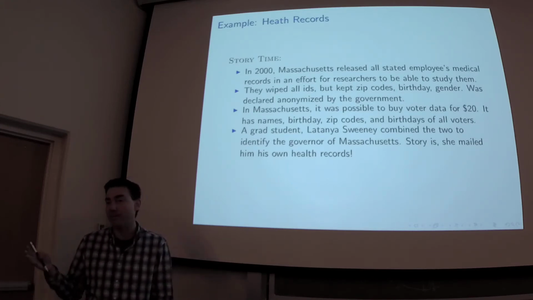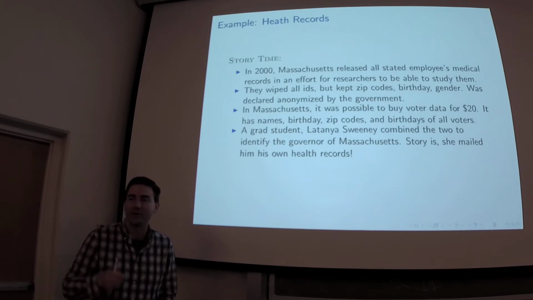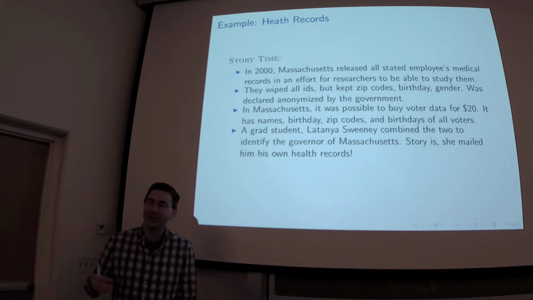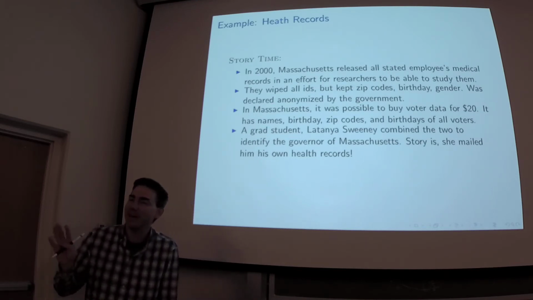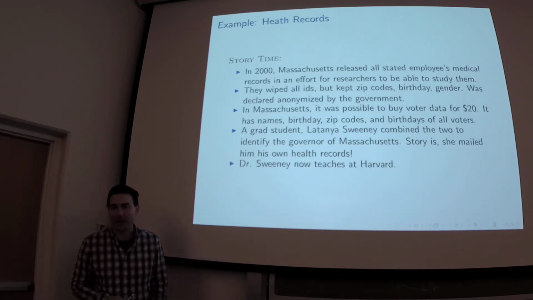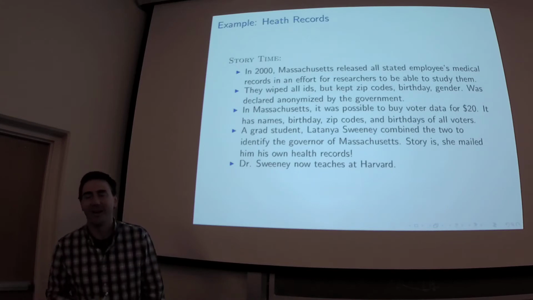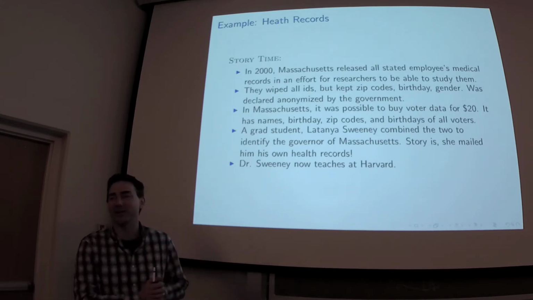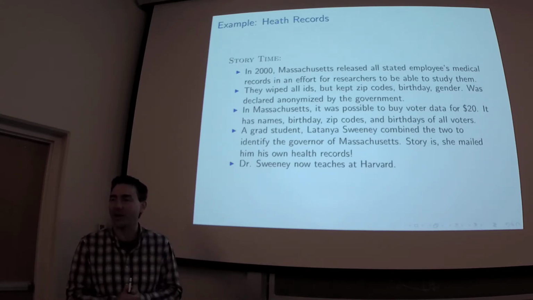And so the story is that she mailed the health records of the governor to himself as a way to demonstrate that this may not have been a good idea, right? She now teaches at Harvard. This was the start of a career in trying to understand these issues.